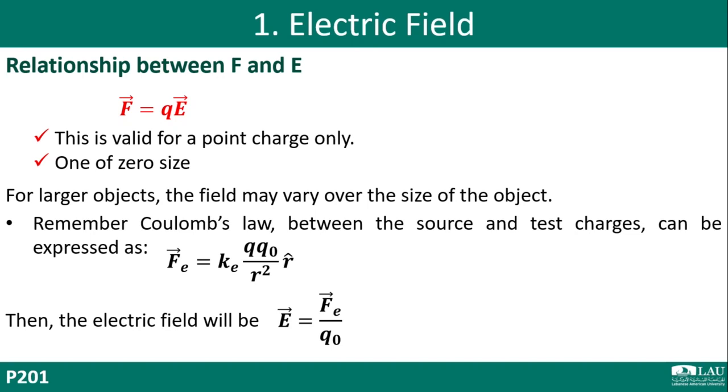So the electric field is Fe, the electrostatic force, divided by the test charge Q0. To know the direction of the electric field, we need to check the sign of the charge Q.